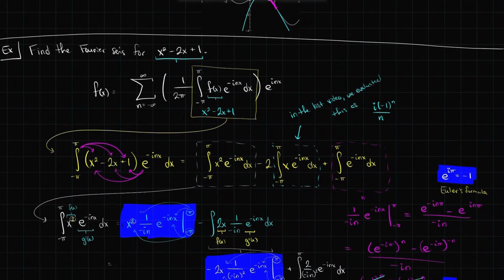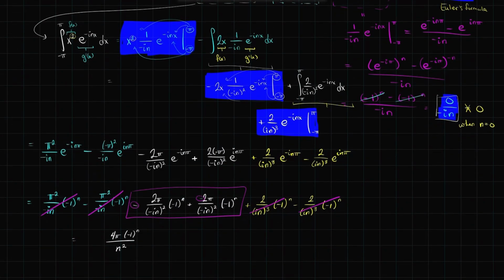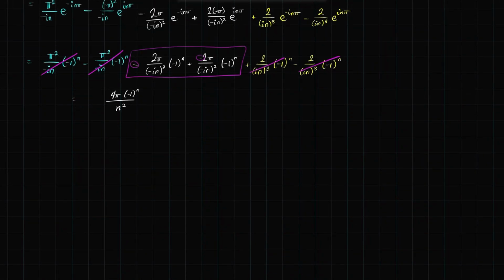Now keep in mind, that was just this term here, 4 pi negative 1 to the n over n squared. I've already evaluated this term, and down and to the right, 0 over negative i n, also known as 0, is this term. 0 when n is not equal to 0. Okay, so what have we learned then? We've learned that the Fourier series is equal to the sum, n going from minus infinity to plus infinity, but n not equal to 0, of the cases we've seen above.